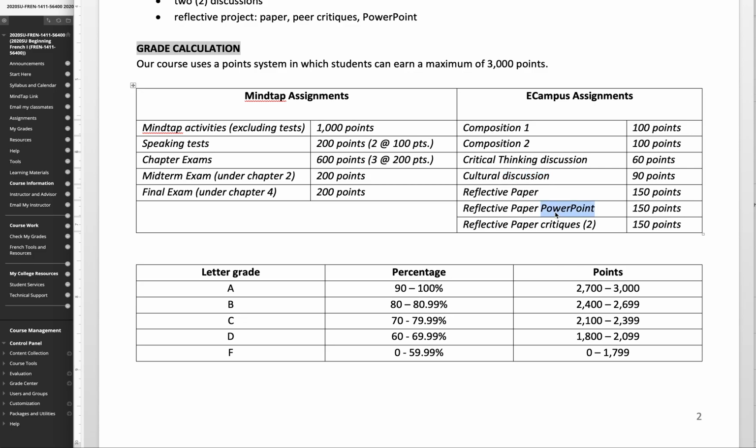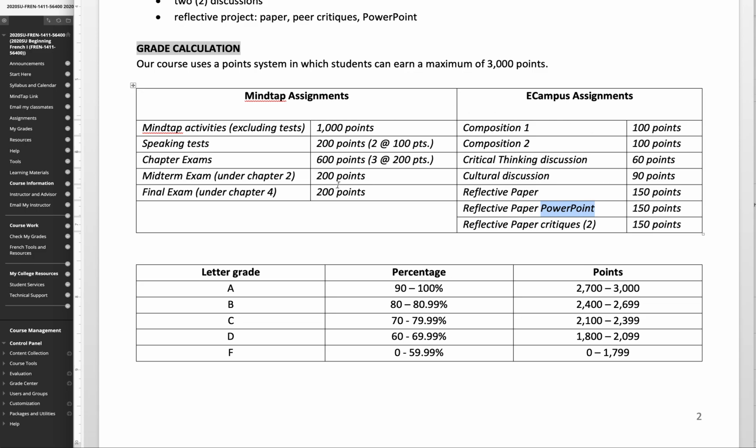Not only that, because we are not meeting face-to-face, instead of doing a presentation on your paper, you will create a PowerPoint with audio. And this assignment is due almost at the end of the semester. So once we get near to that point, I will start giving you more information about this.